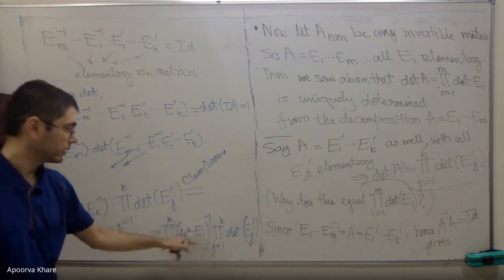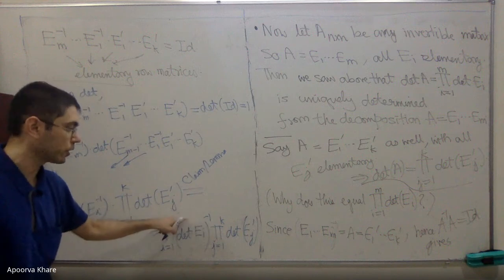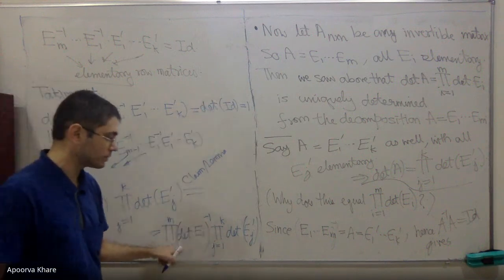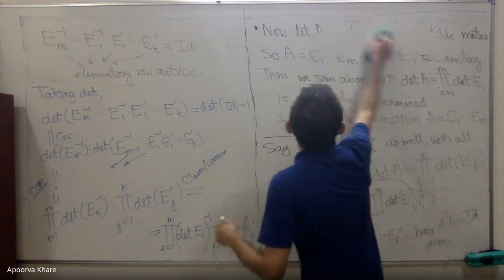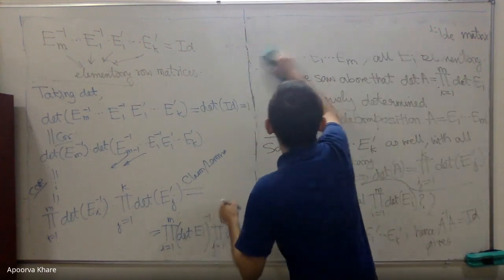And now we are done. Take this inverse, this is the reciprocal of a product, take that scalar to the other side, you get this product equals this product. Clearing denominators in some sense.